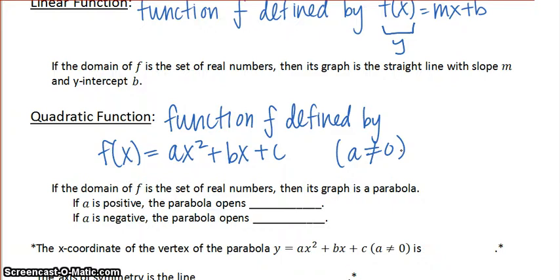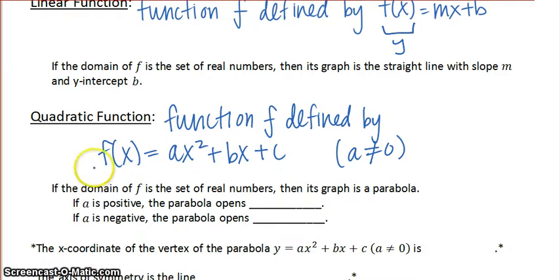I just have to do that for standard measures because if a equals 0, then this whole thing would be canceled out, and then it would be a linear equation. So you have to have a being something other than 0 for it to be quadratic.